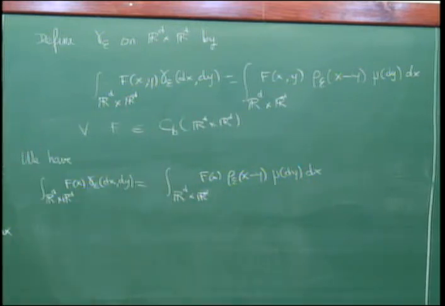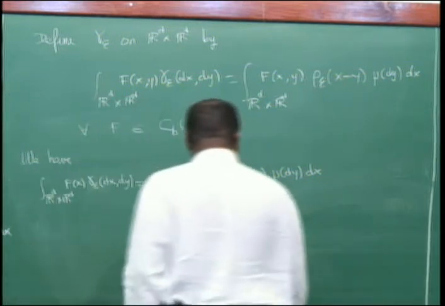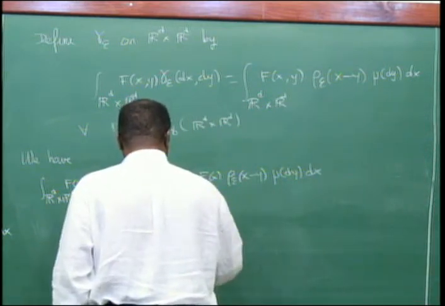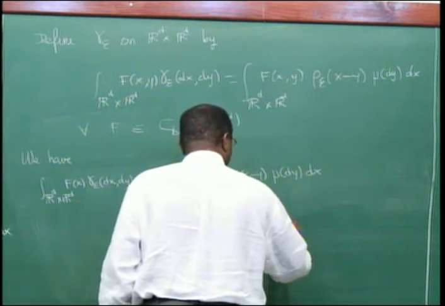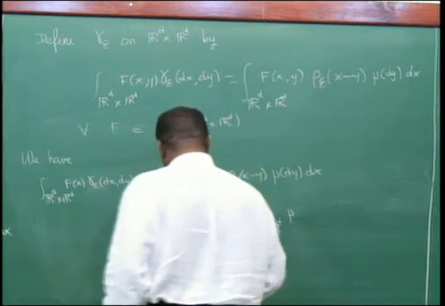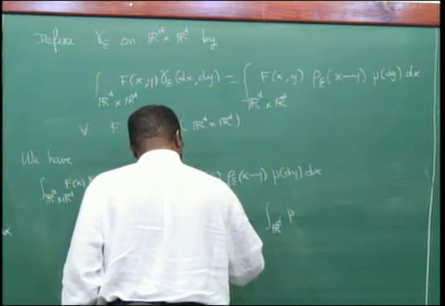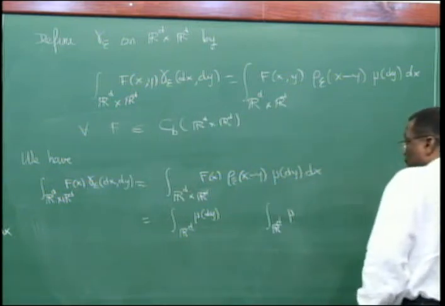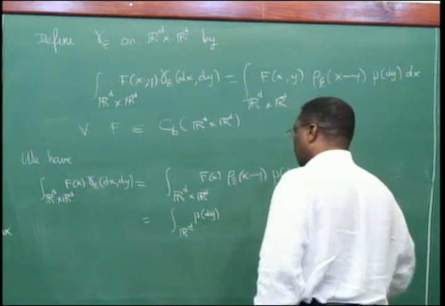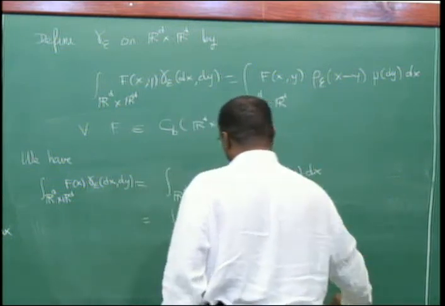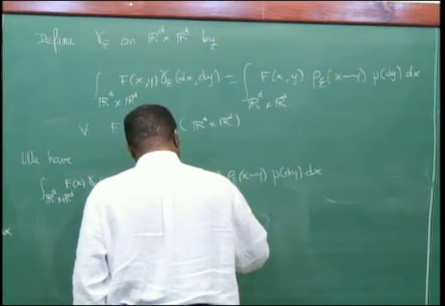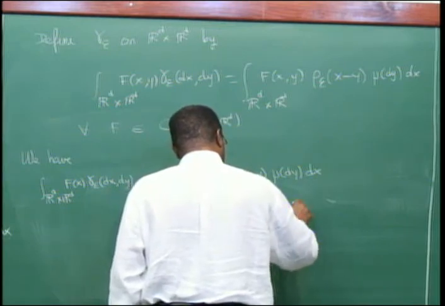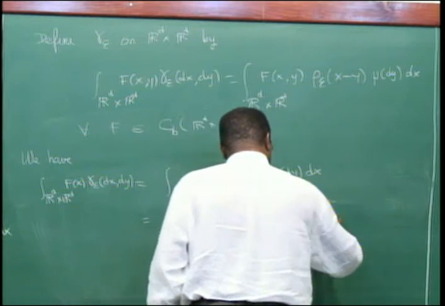I use Fubini to say that this is the integral over Rd of f of x, the integral over Rd of rho epsilon of x minus y, mu dy dx.